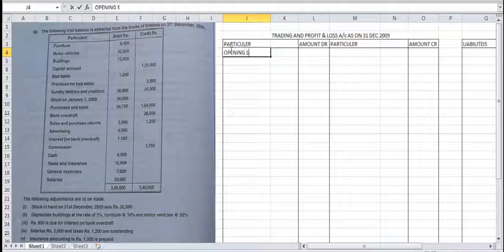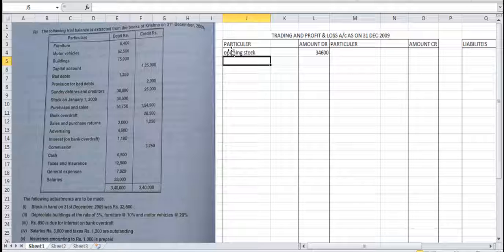How much is the opening stock? 34,600. This is the opening stock.